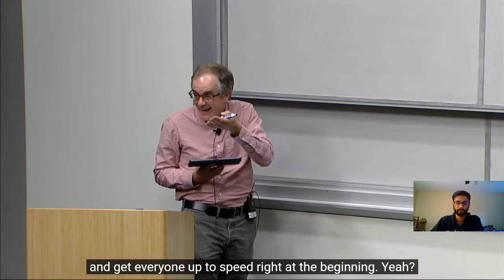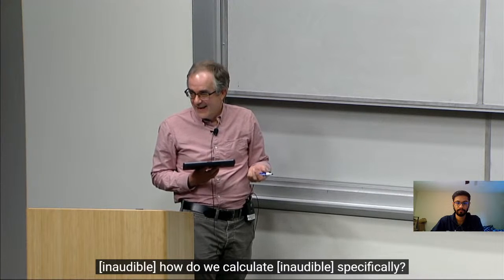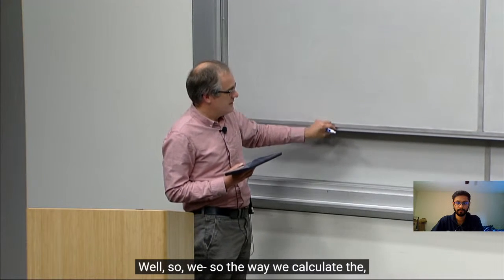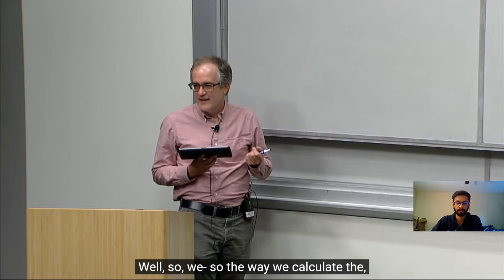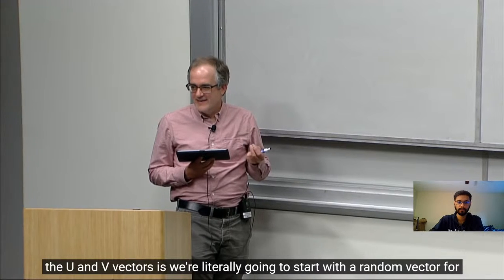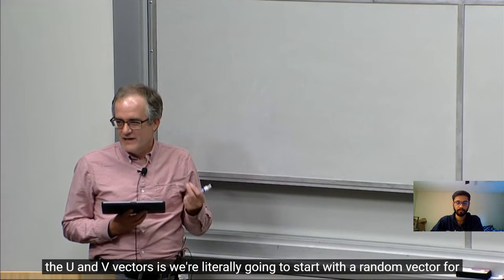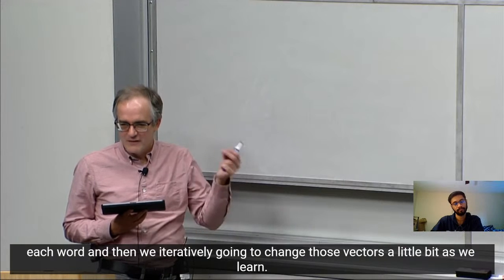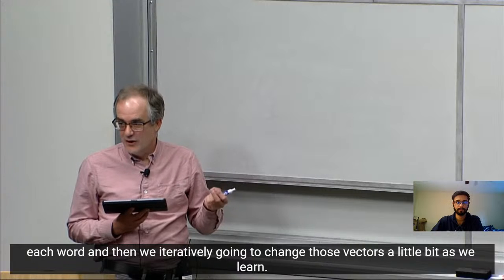Yeah? Jumping on to that as well, but how do we calculate U and V specifically? Well, the way we calculate the U and V vectors is we're literally going to start with a random vector for each word, and then we're iteratively going to change those vectors a little bit as we learn.